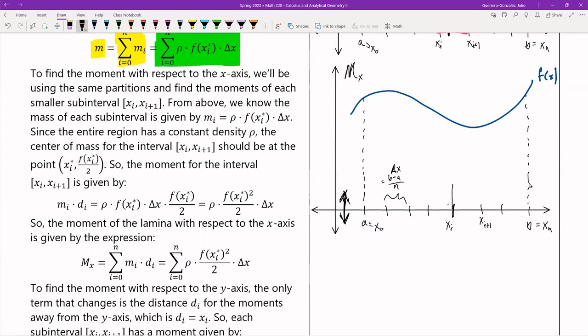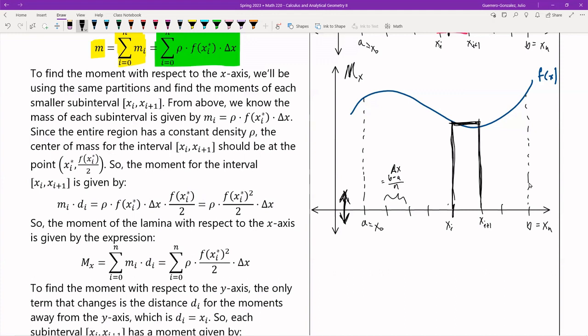I'm going to draw this rectangle the best I can, up to maybe about there. So here's our rectangle. The idea now is that we're trying to find the moments with respect to the x-axis. The moments with respect to the x-axis should be the sum of all the moments for all of our little slivers, all of our little rectangles.